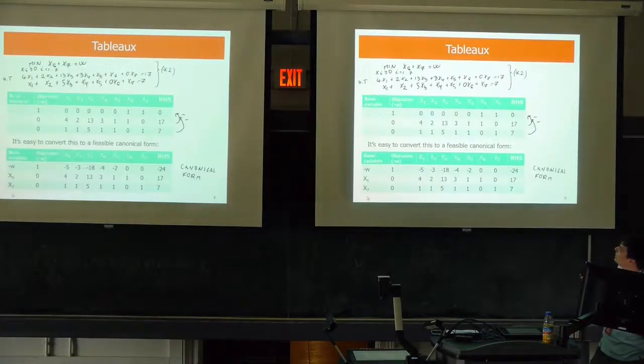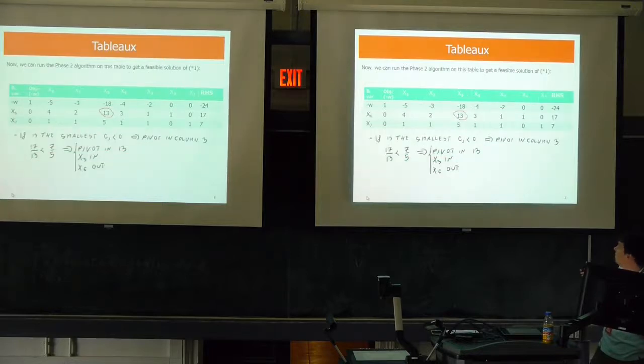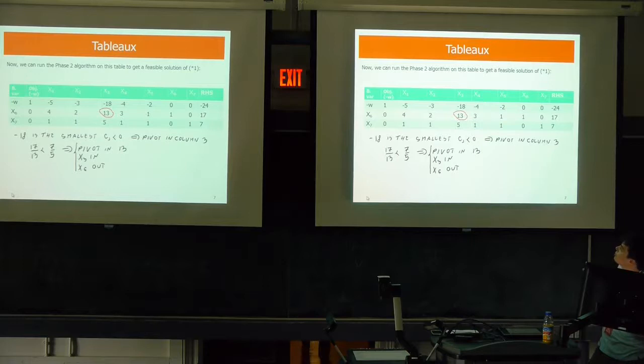So on the slides, you can check these steps. So this is our tableau form. We check the cost functions. This is negative. So we decide to make a pivot here, and we check the ratios. That is 17 over 13. That's smaller than 7 over 5. So we do a pivot here.